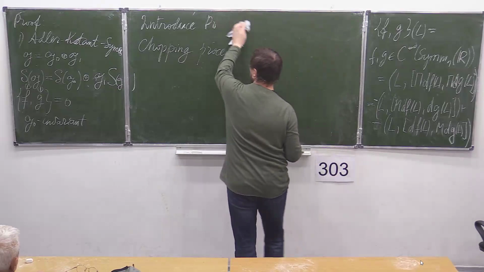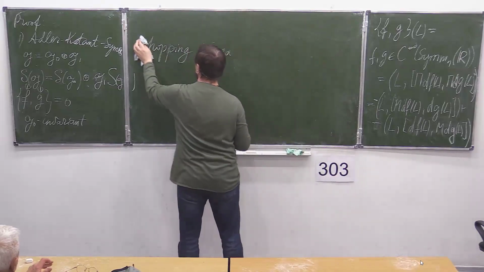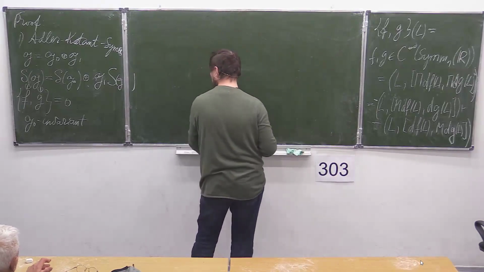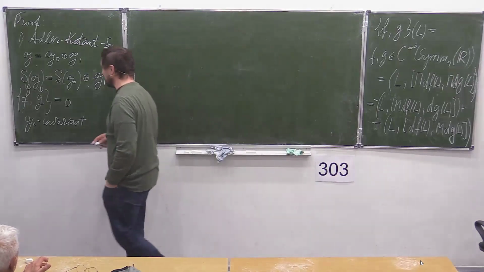Yes, so both of them are G0 invariant, and they Poisson commute.